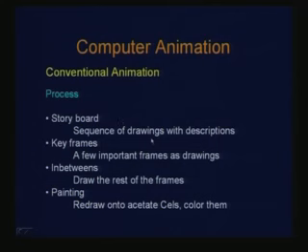You give a pictorial depiction of the frame with the description you want to associate. That is what we mean by storyboard. Even today, this is an important step when we generate animation films.